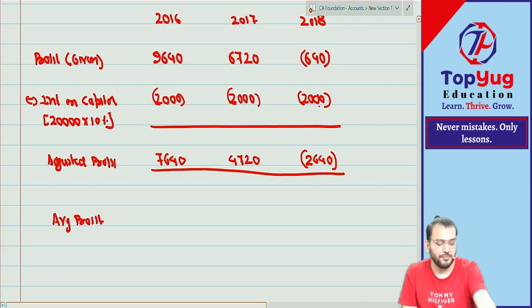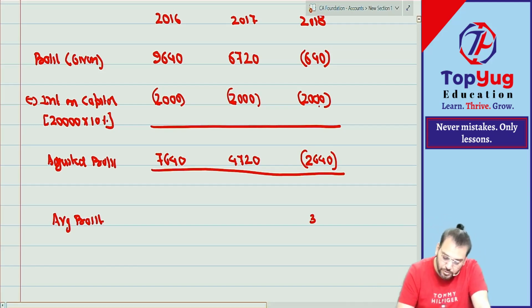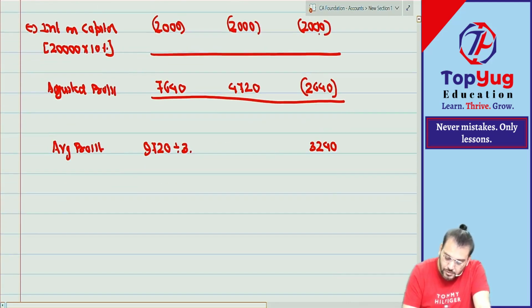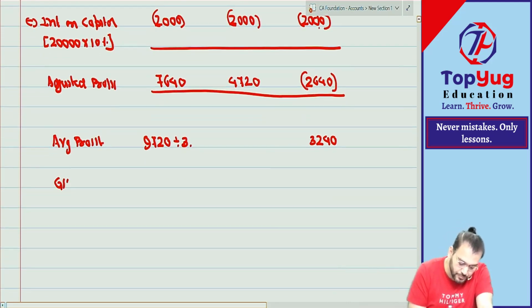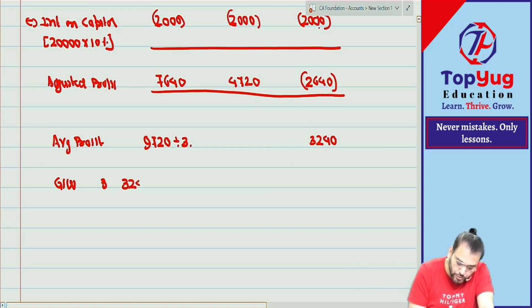Simple average, na? It is 3,240, means you have 9,720 divided by 3. What is the goodwill? Goodwill is equal to this 3,240 into 2. That is how much? 6,480. Correct.